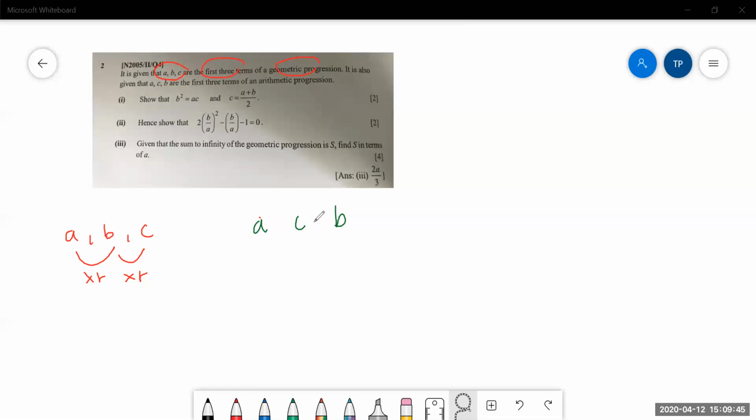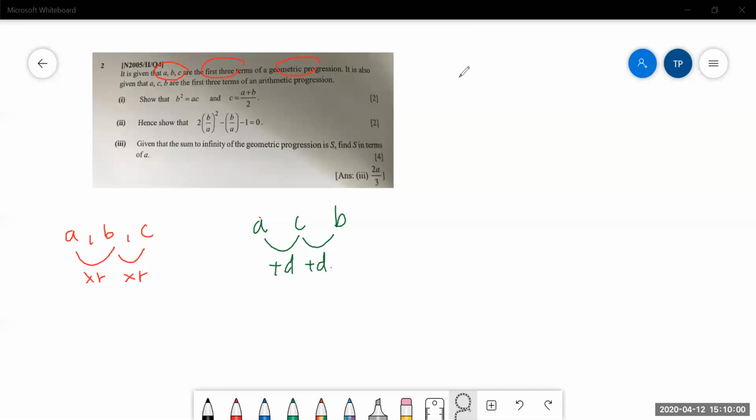You've got a common difference. So from A to C, we have to plus D. From C to B, we have to plus D as well, right?